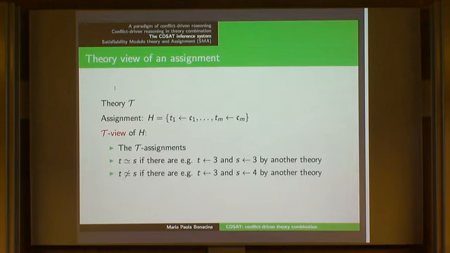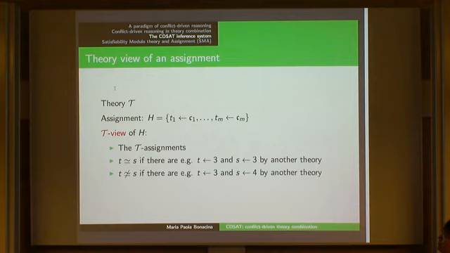Now, the trail is central and shared by all theories, and all theories contribute to build it. Then for every theory we need to define the view that it has of this assignment, because of course every theory is concerned only with its own stuff, with what it can understand.